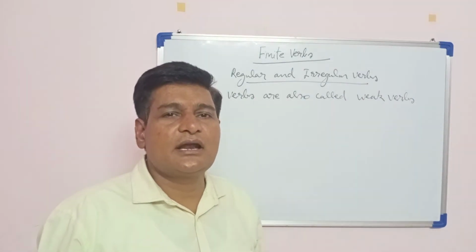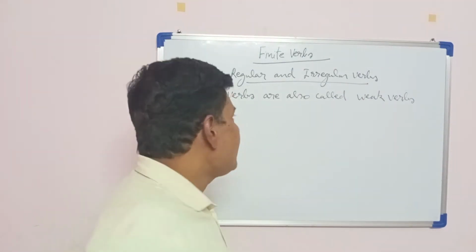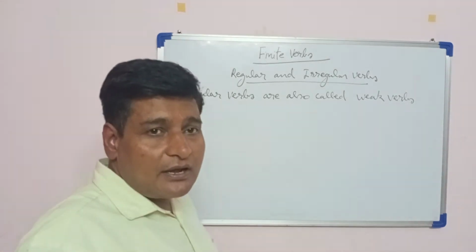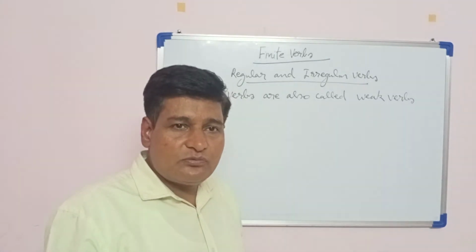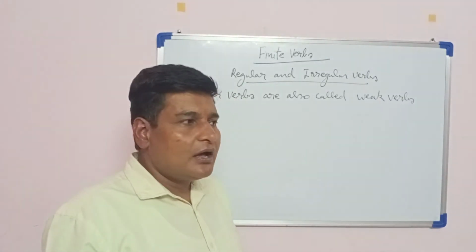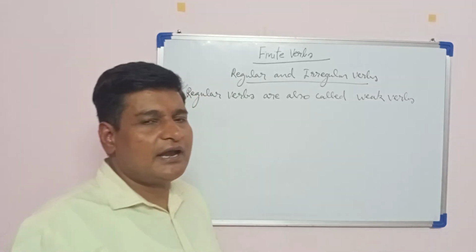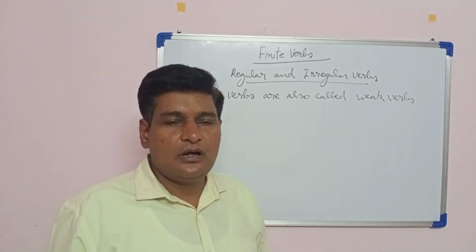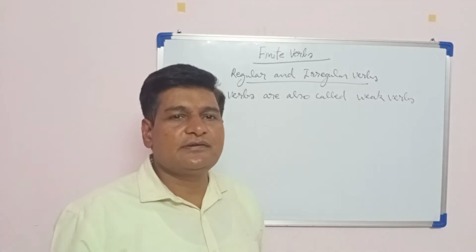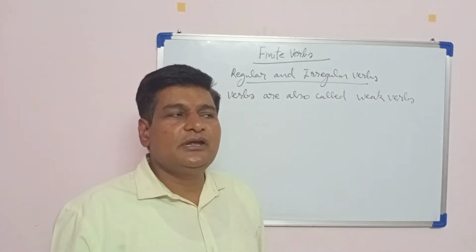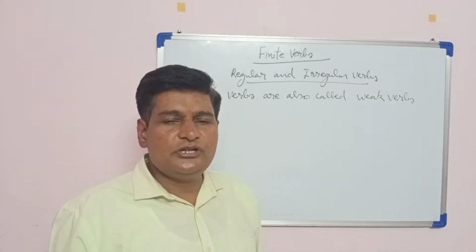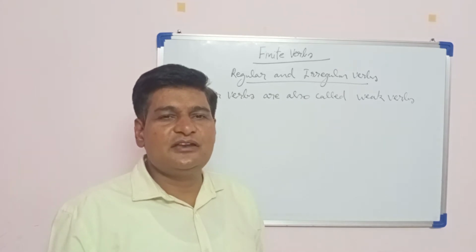Why these are called weak verbs? We will understand through certain examples why these are weak verbs. A weak verb simply means their action is not so forceful, or the person who is doing the action is not doing it in a forceful way. So these verbs are not emphasizing any forceful action.